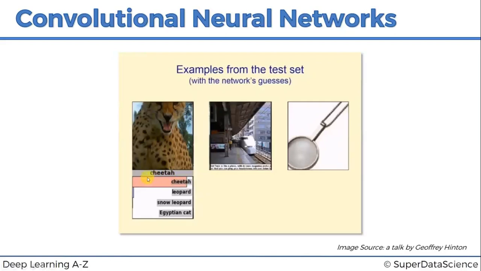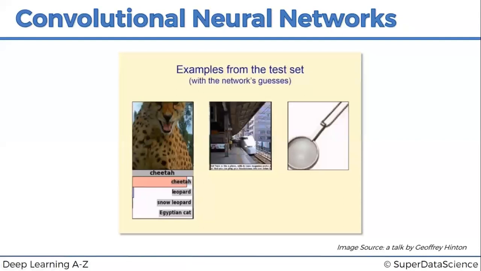And then here are the guesses, the top 4 or 5 sometimes guesses of the algorithm, and they're given the probability. So the neural network said cheetah, leopard, snow leopard, or Egyptian cat can be one of the 4, and cheetah has the highest vote. And throughout this part of the course, you will understand what these votes mean and how they are derived. But for now, it's pretty intuitive, right? So it's a cheetah in reality, and the neural network guessed right. It said with a high probability, about 95, 99%, it's a cheetah.